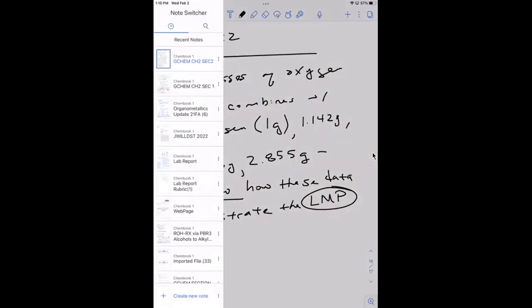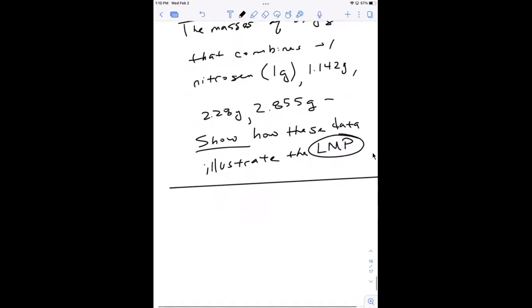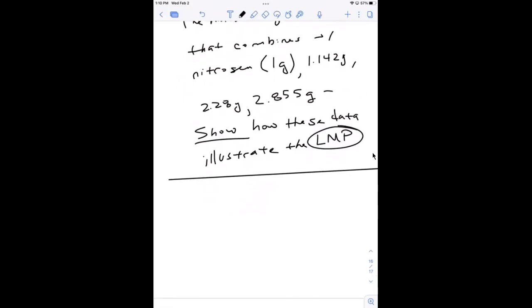Anybody? When I compare those masses of oxygen to each other, anytime I make a ratio out of any two of those numbers, that ratio should be a small whole number ratio. That's what the law of multiple proportions tells us.